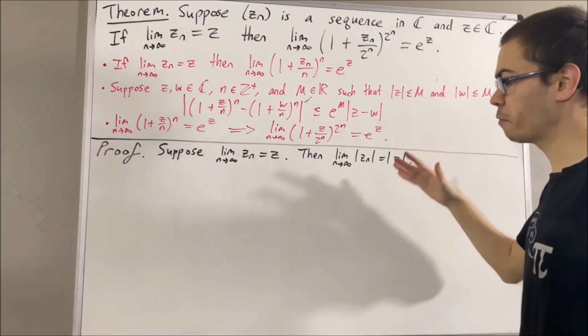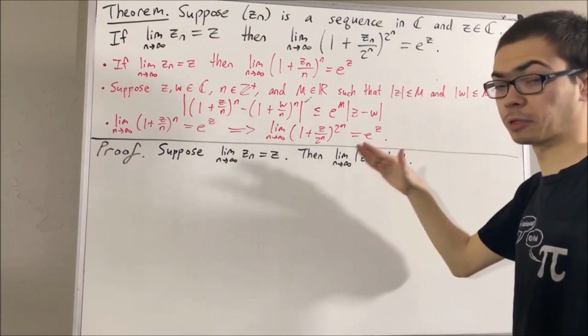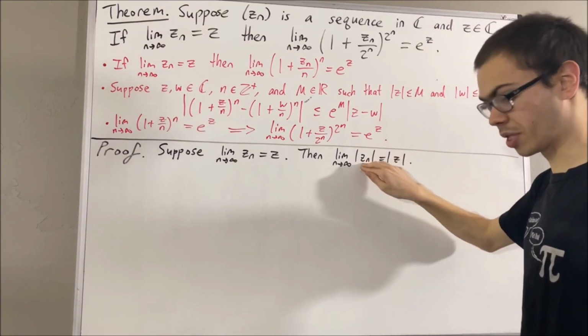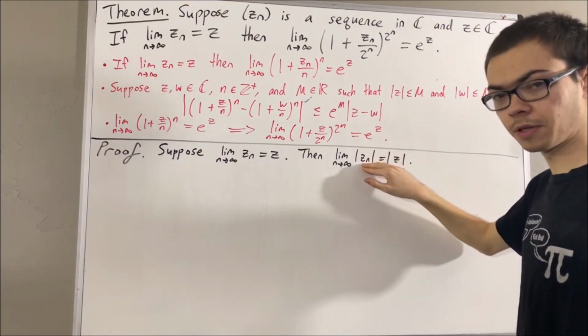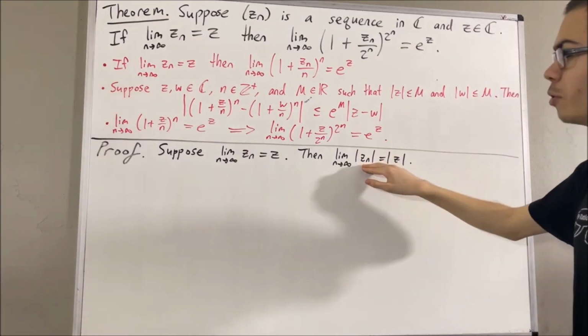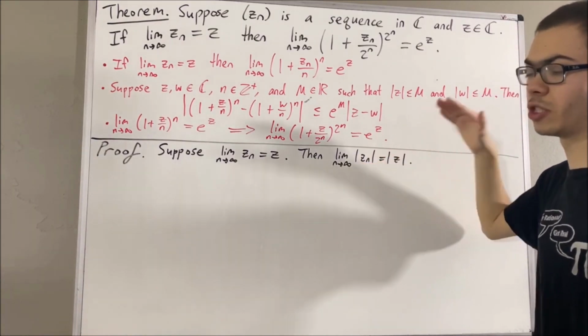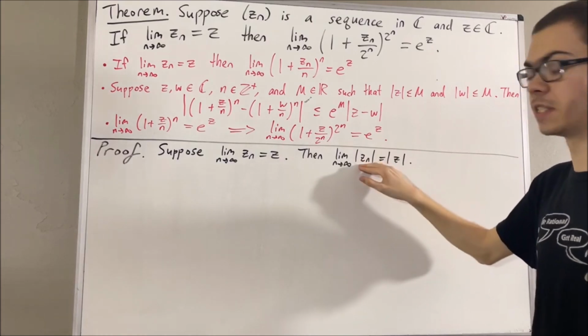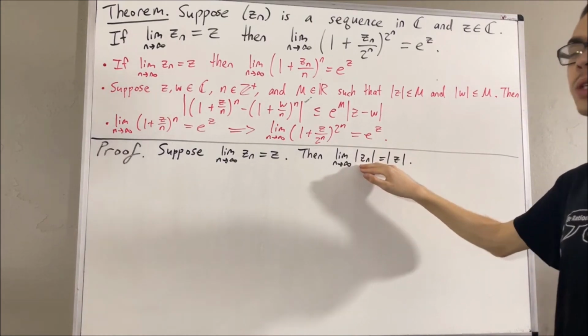And we know that every convergent sequence of real numbers is bounded. So this sequence must be a bounded sequence. So we should be able to find a real number that is greater than or equal to every term of this sequence. And so we'll call that real number capital M.